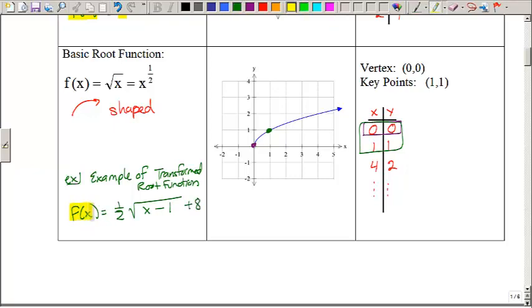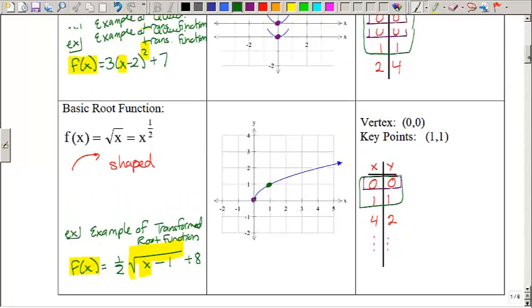Again, notice that we have an f of x equals, we have the square root symbol, x. We have the square root of x. Notice we do have a minus 1, a plus 8, and a multiply by 1/2, which are all transformations, and we'll talk about that soon. But I want you to be able to look at this example and see that we do have a root function that has been transformed.